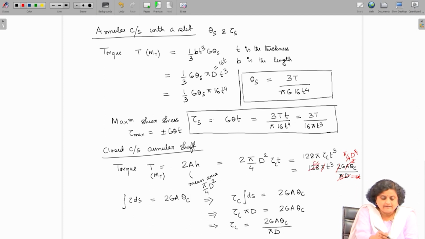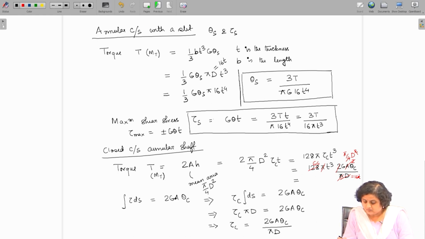If we write this, then the torque should be equal to 64 into d, which is 16t.